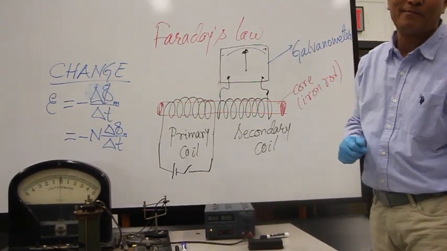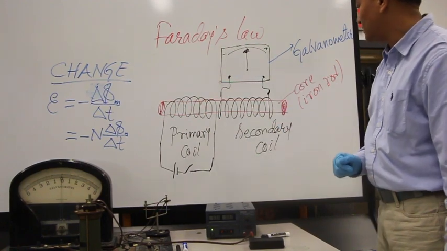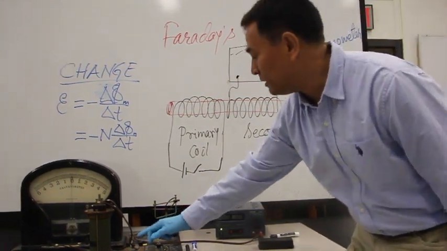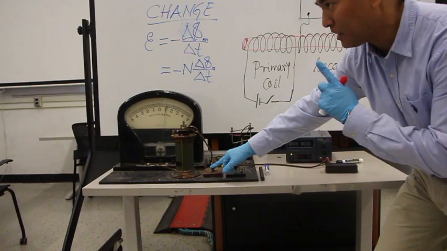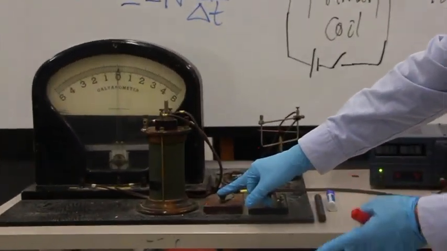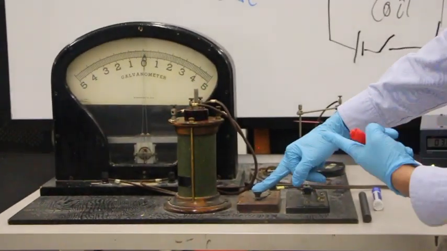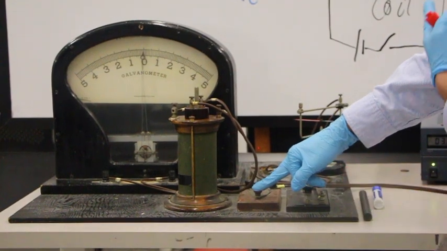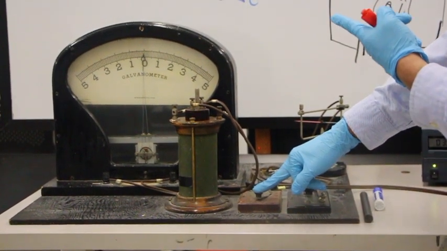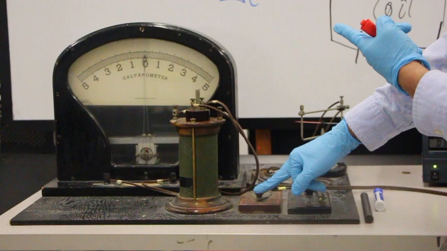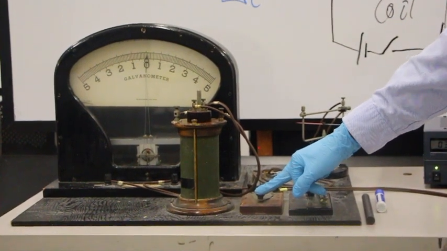So that's why we got the induced current. Let's see again. If I close the switch, during that time there is the induced current, and while there is a current flowing, there is a magnetic field, but there is no induced current, because the magnetic field is not changing.